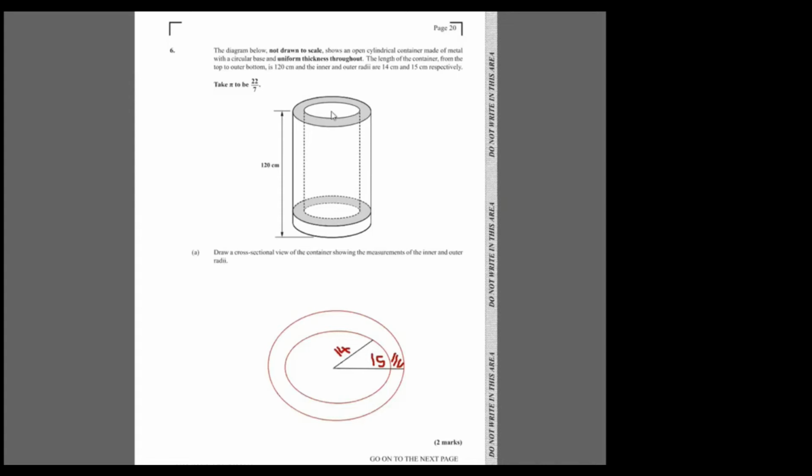So this is the diagram that we actually want. We want to find the volume of this one right here. We know the radius is 14, and then we need the height. The height of the whole thing, including the metal and everything, is 120.